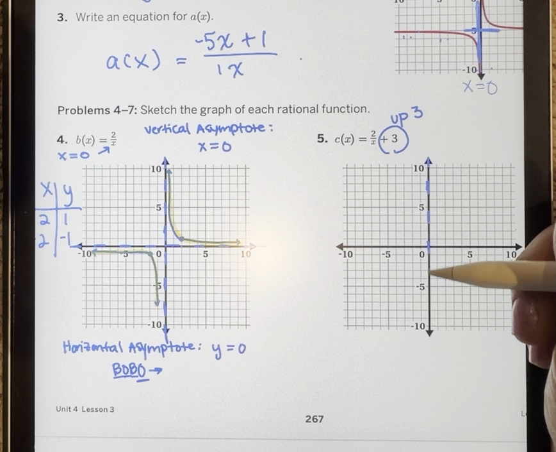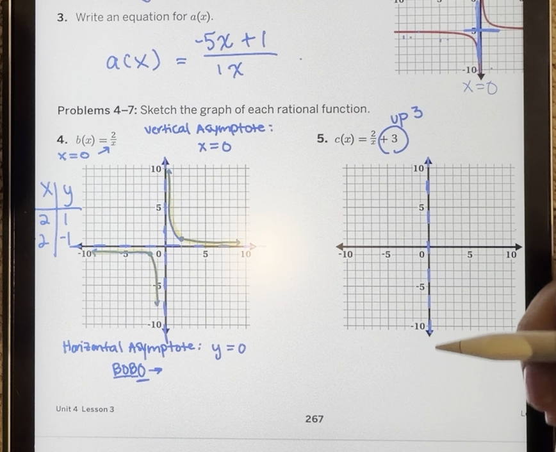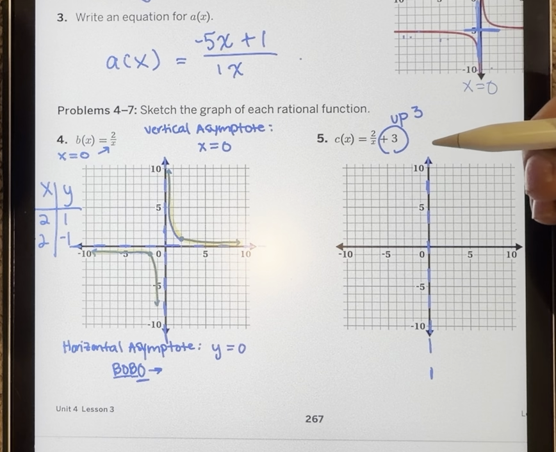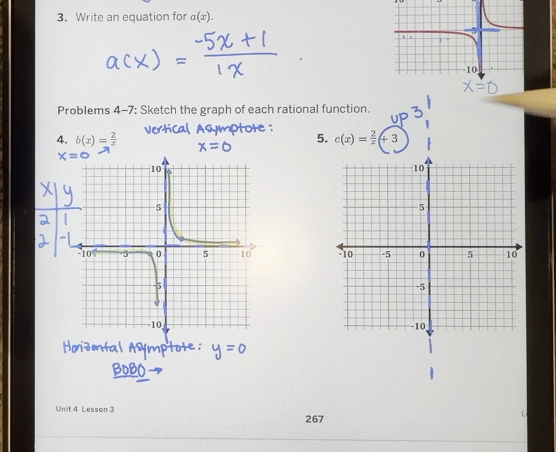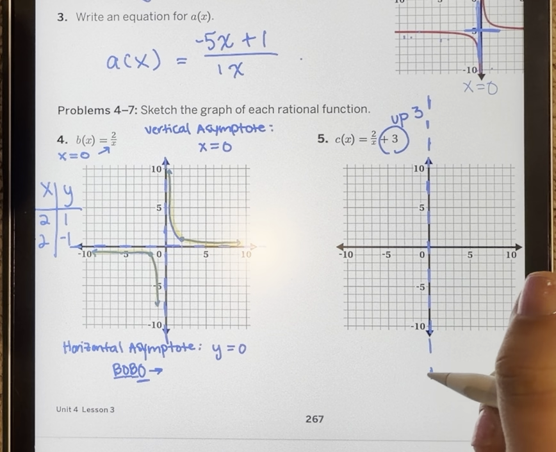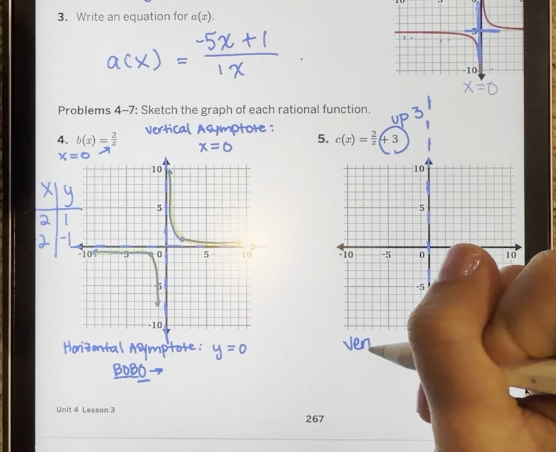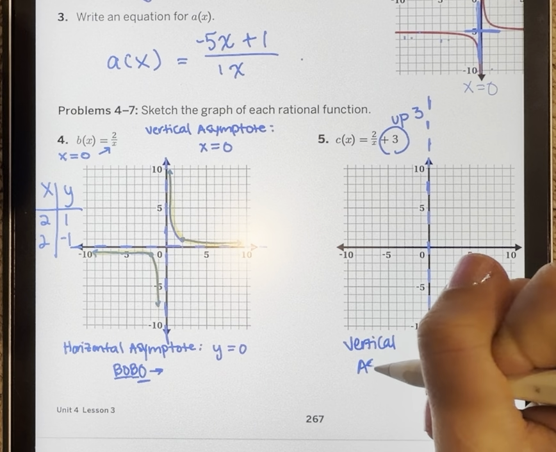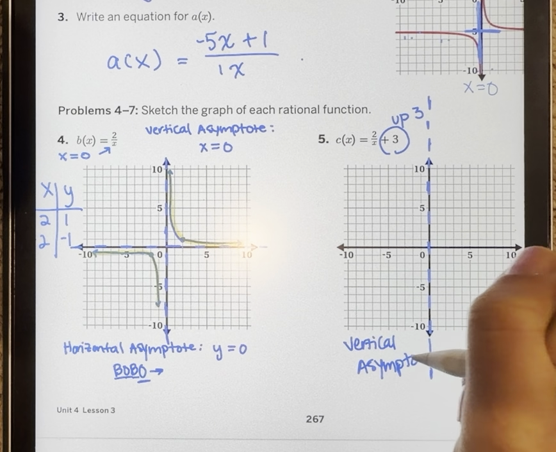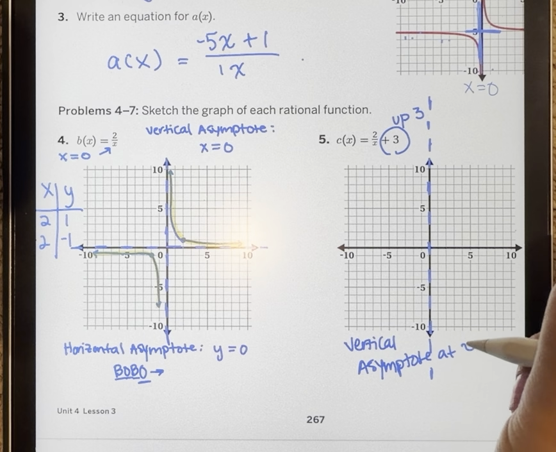And I can move it up 3 if I want to, but it's already going up infinitely and down infinitely, so that's just like a waste of time, okay? Moving this thing up or down is nothing. So I still have a vertical asymptote at x equals 0.